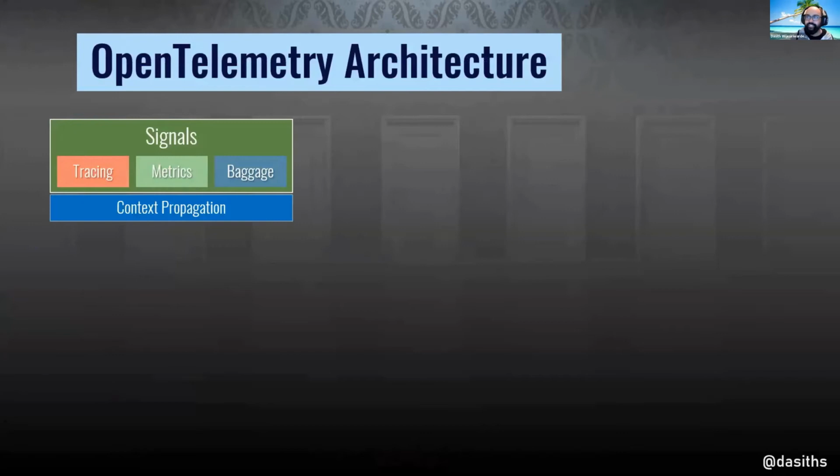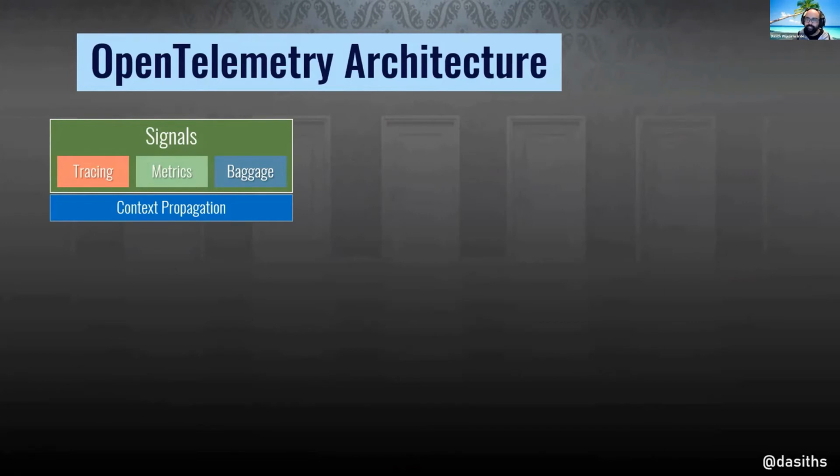Right, so this is the time where we go into a bit more technical detail when it comes to architecture. It's important that we have a good grounding in this, because when you read the documentation, you'll see some of these words come through, and it's good to at least have a peripheral view of what these are. OpenTelemetry is built on top of two pillars: signals and context propagation. The signals break up into three parts: tracing, metrics, and baggage.